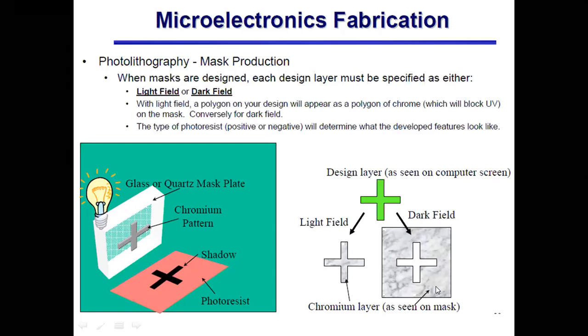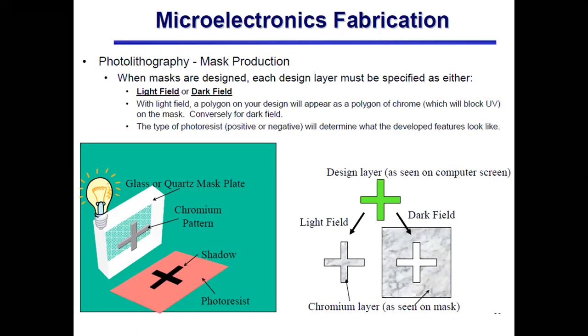Also, normally it is very important when you are making the mask. The manufacturer needs to know whether you want a light field mask or dark field mask. You have to mention that in your email or in your file that I want a dark field mask or light field mask.